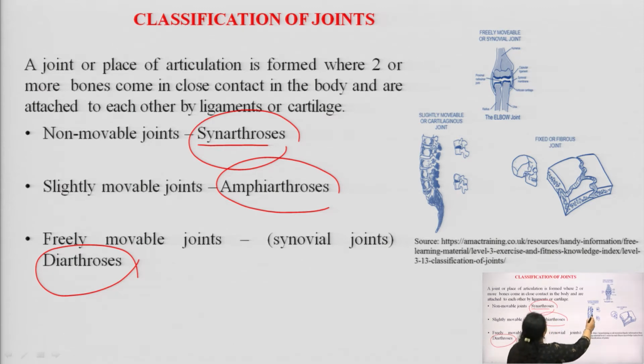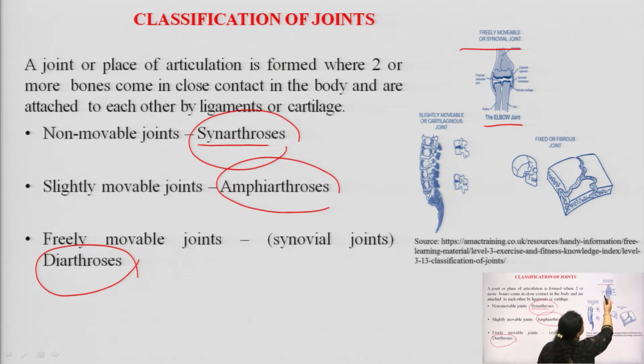So, see the diagram, students. These are the joints. The first one I am showing you here is the freely movable or synovial joint. This is the elbow joint, this is our elbow. You will see here free movement in any direction: extension, flexion, right hand, left hand direction.